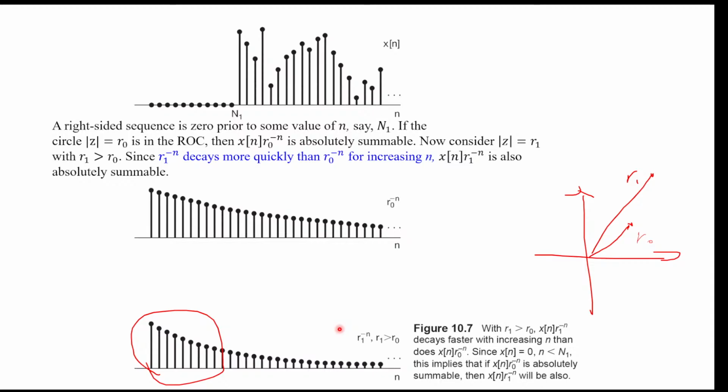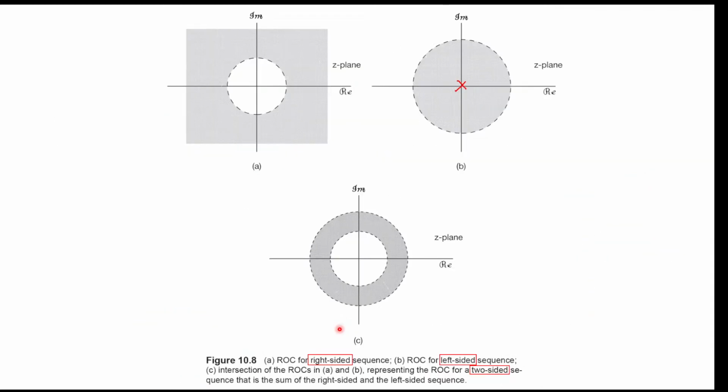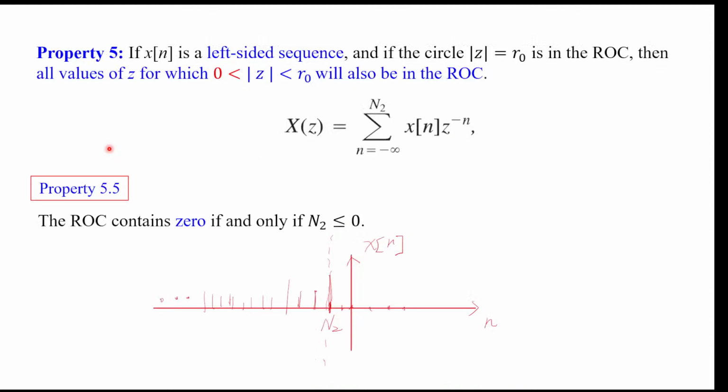And here is a schematic picture of the ROC of the right-sided sequence. So the ROC of the right-sided sequence will be outside some circle and go to infinity, but might or might not include infinity. Okay, and the next property is property 5. It's for left-sided sequences. The ROC is the other side of the right-sided sequence, so it's inside of some ring.